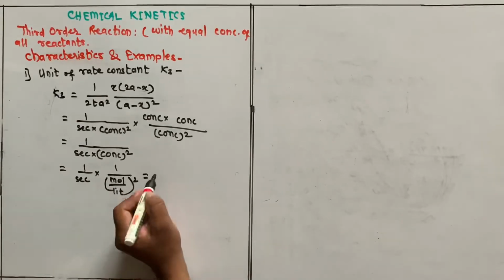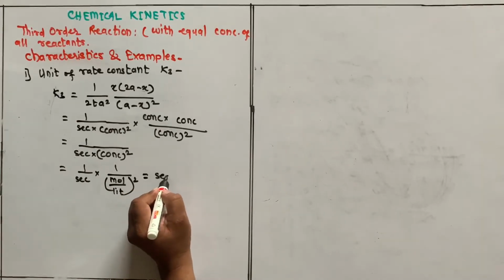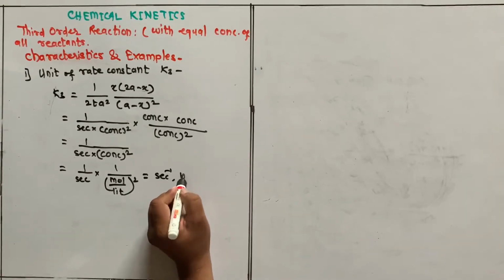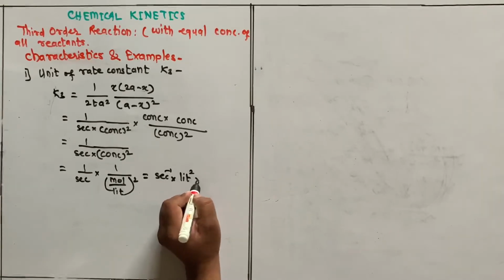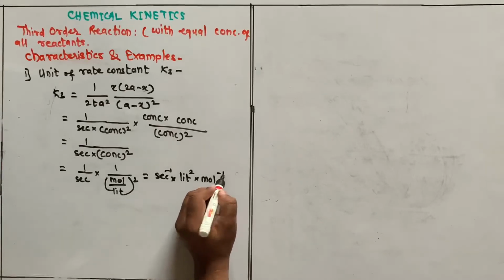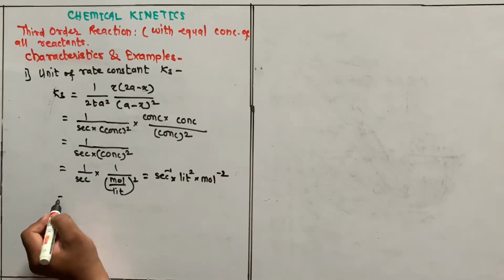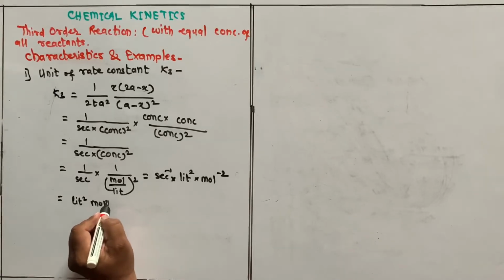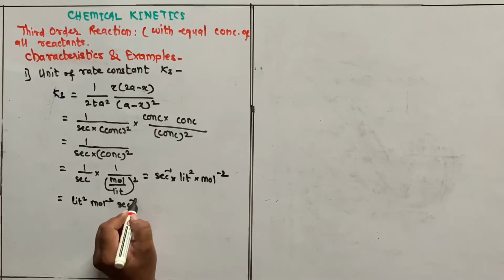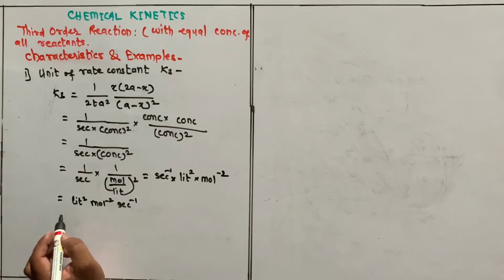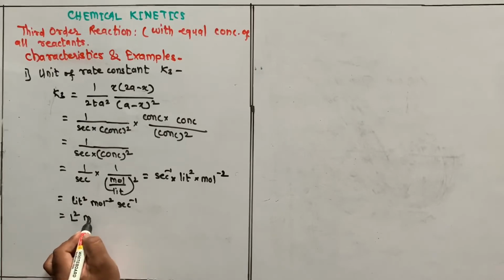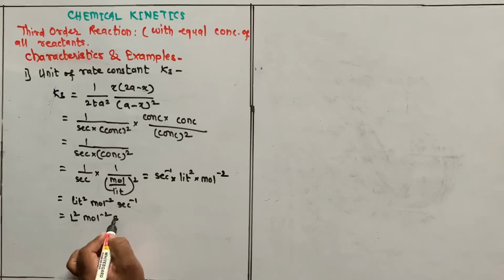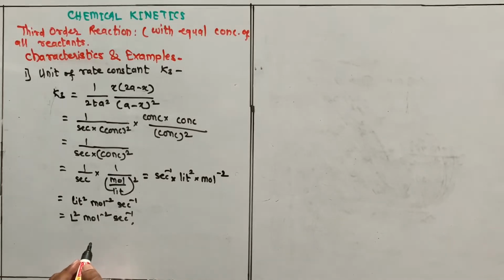The units are per second into liter square per mole square, or you can write it as liter square per mole square per second. This is characteristic number 1. The unit of K3 is liter square per mole square per second. This is the first characteristic of a third order reaction.